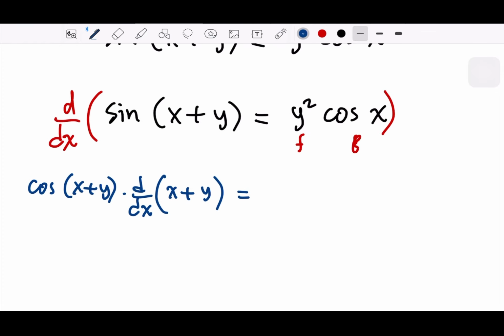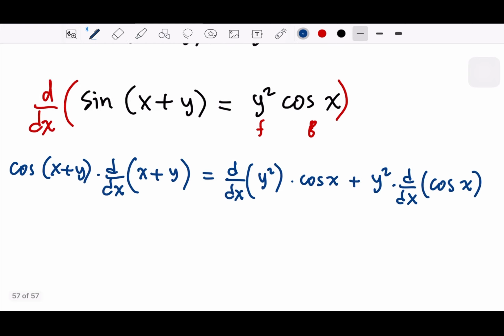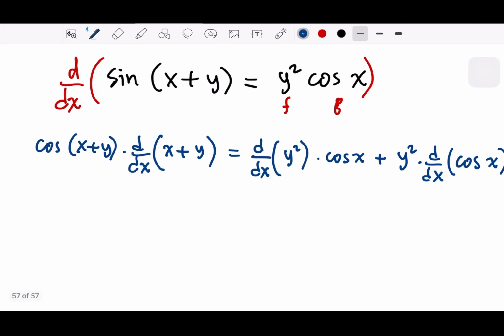So we will have d dx of y squared and then multiply cos x plus y, plus y squared multiply d dx of cosine, and this will be 1 plus dy over dx.